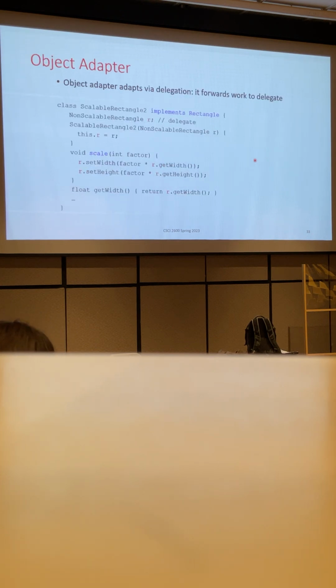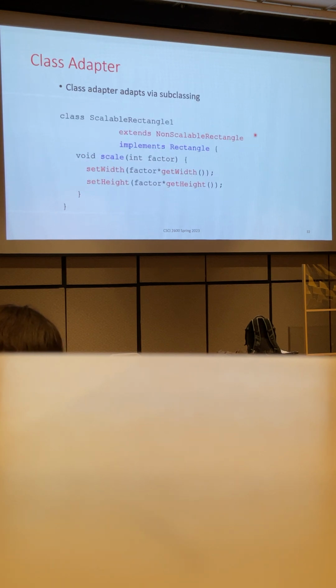Object adapter adapts via delegation. Basically, it forwards the work to the delegate. So an example of an object adapter would be where we have NonScalableRectangle here through composition as the delegate. And then when we need to compute the scale and call setWidth and getWidth, we would use the corresponding methods by calling them from the r object.